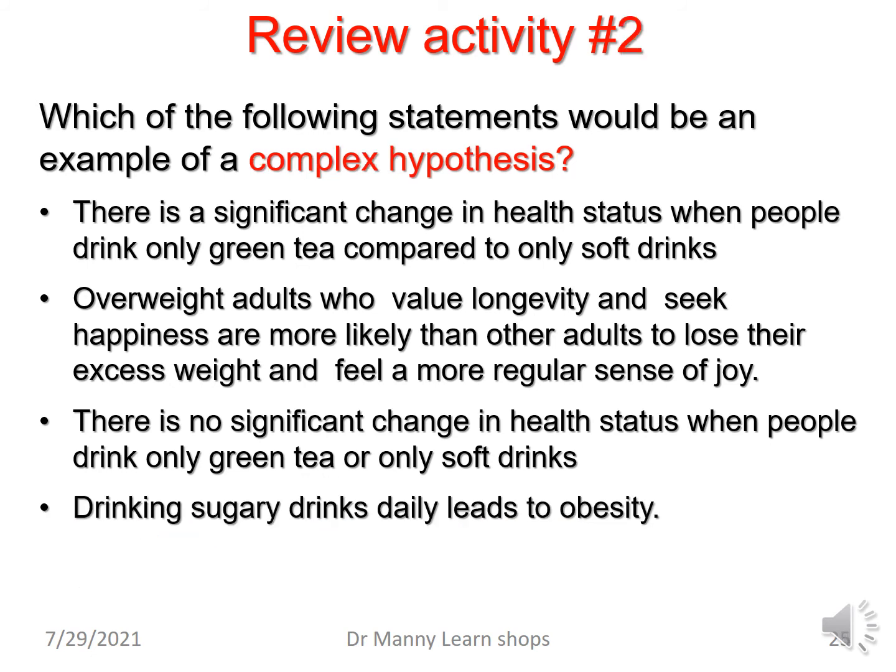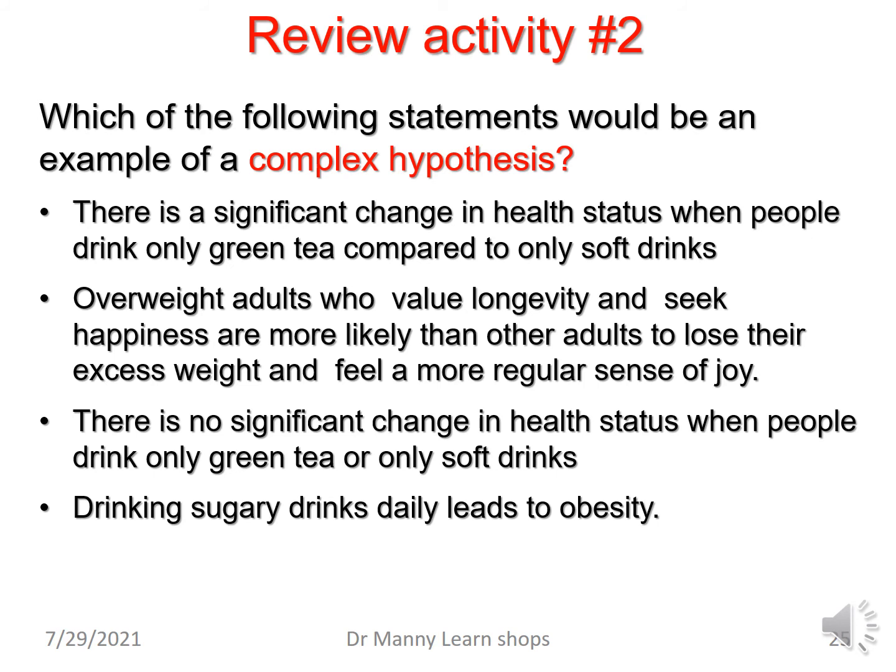Review activity 2. Which of the following statements would be an example of a complex hypothesis? There is a significant change in health status when people drink only green tea compared to only soft drinks. Overweight adults who value longevity and seek happiness are more likely than other adults to lose their excess weight and feel a more regular sense of joy.